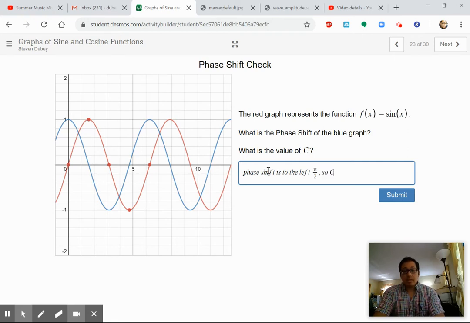So c equals plus pi over 2. In other words, it's the graph of f of x equals sine of x plus pi over 2.